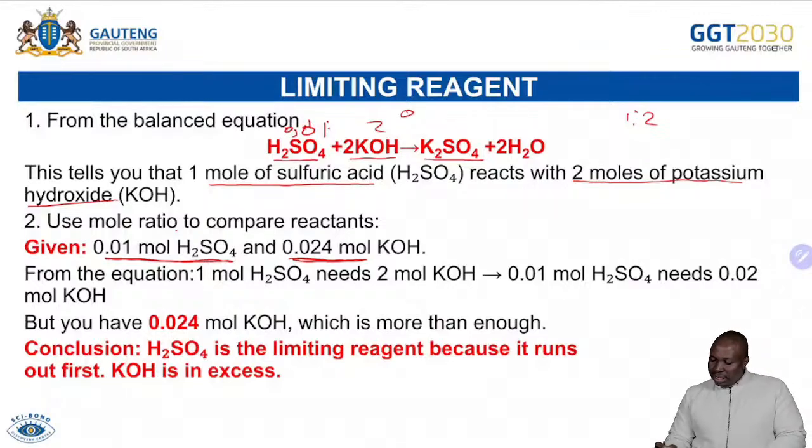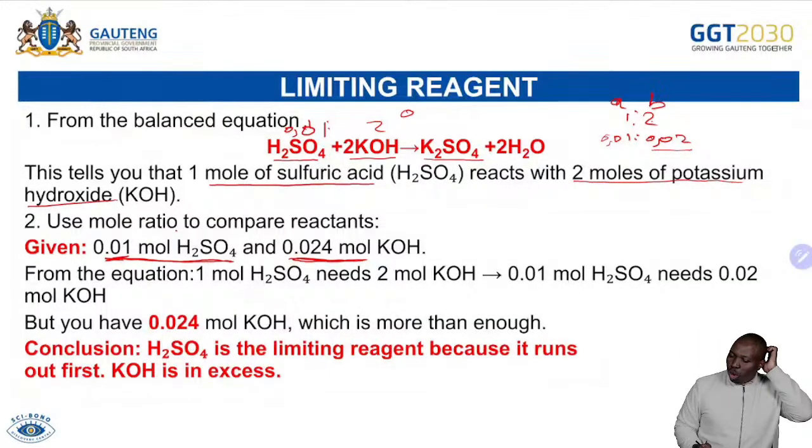This one is for the acid and this is for the base. For the sulfuric acid, we were given 0.01, which means 0.01 multiplied by 2 is 0.02, which means 0.01 of sulfuric acid can react with 0.02 of the base. Now that shows you that we had the base as 0.024, which means we have more base, but the acid is limited.